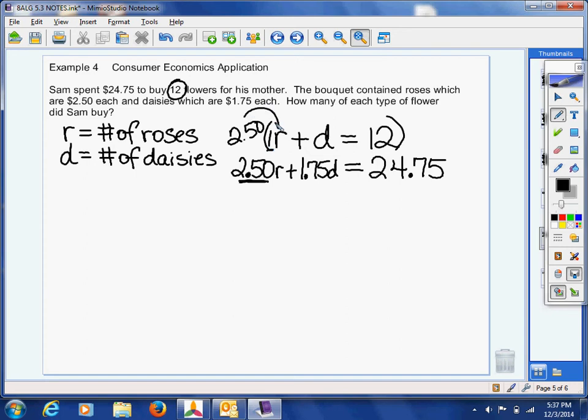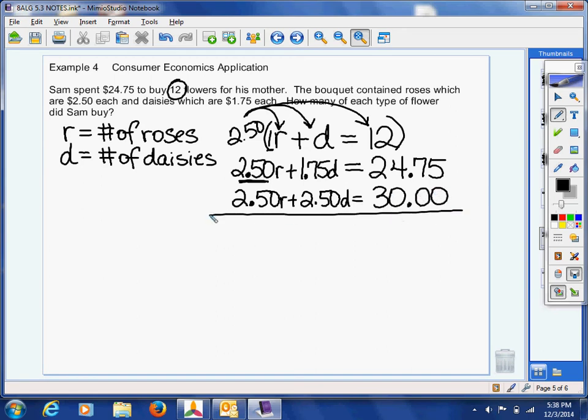So we need to distribute this. Okay, easy enough. So let's go ahead and do that. Now I've got 250R, I've got 250D, and then I've got to do $2.50 times 12. So thinking that's probably $30 is what it's coming out to be.